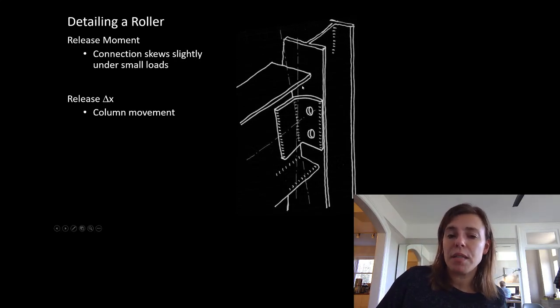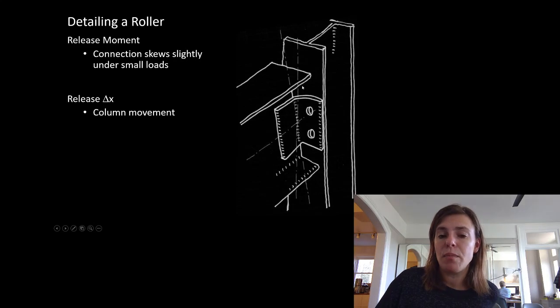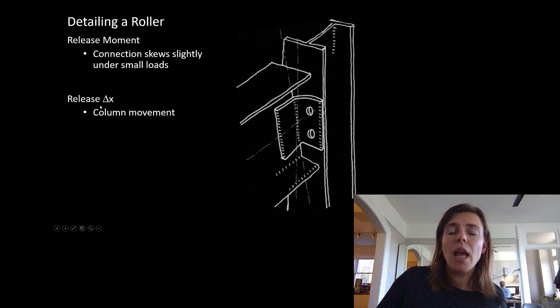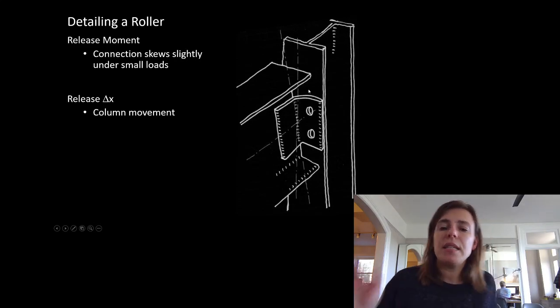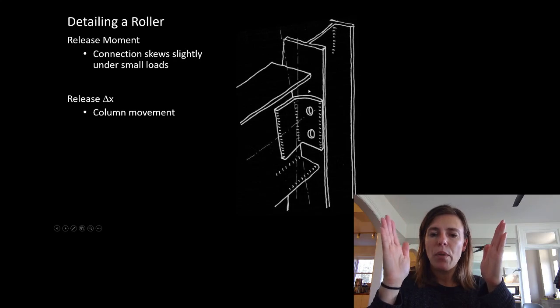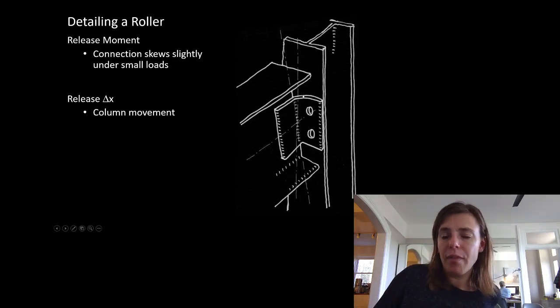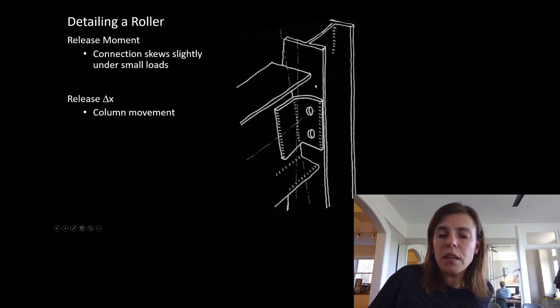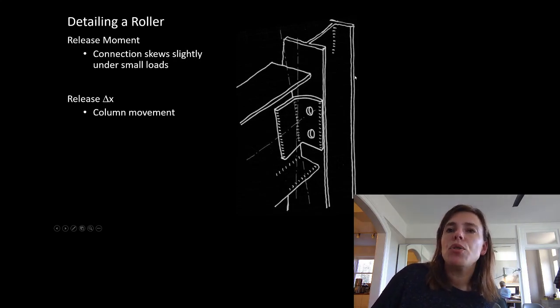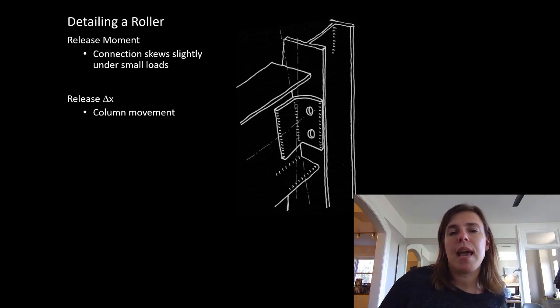And once we have that small amount of rotation, we've released the moment. How do we have a roller? Well, for a standard building connection, we will end up having these columns just kick out a tiny little bit. We're talking a fraction of a millimeter of movement often, that will allow us to release that in the X direction, giving us that no restraint in the X direction.